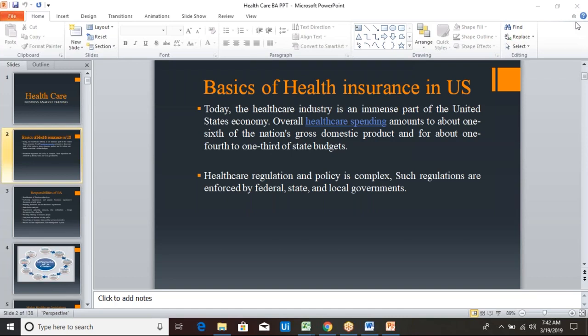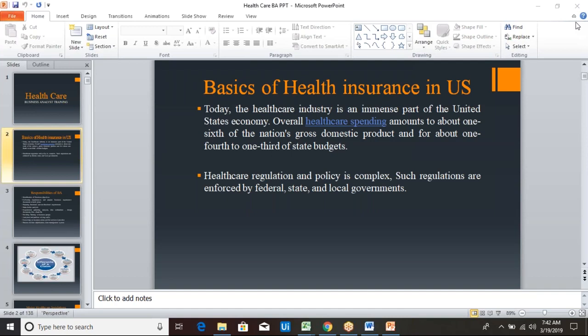So every time the budget is released, major parts will be spent on two things. One is security, and the second is health. One is national security, like military defense and all that.